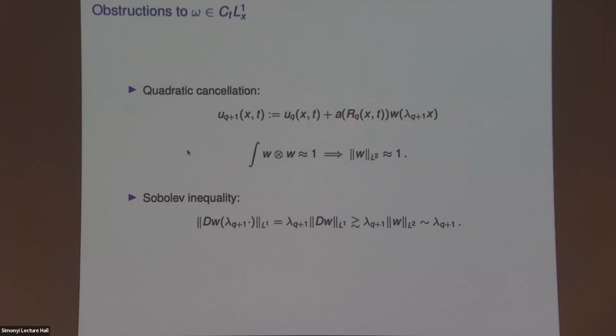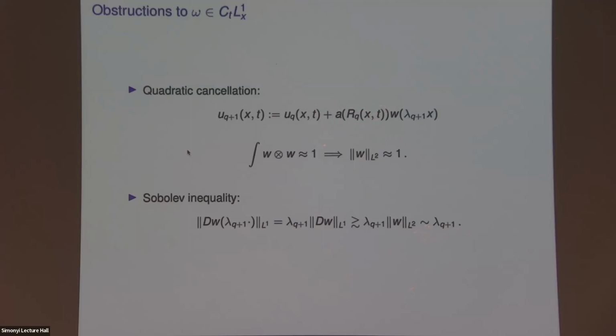Exactly. In the Sobolev inequality estimate that you write, you essentially estimate A by 1, right? Yeah. Which is not really true, unless you converge in L infinity, right? You're right. But what you can gain from this coefficient is more or less the square root of the error at the previous scale. It's never enough to beat lambda q + 1. There's no way, I mean, yeah, that's an approximation.